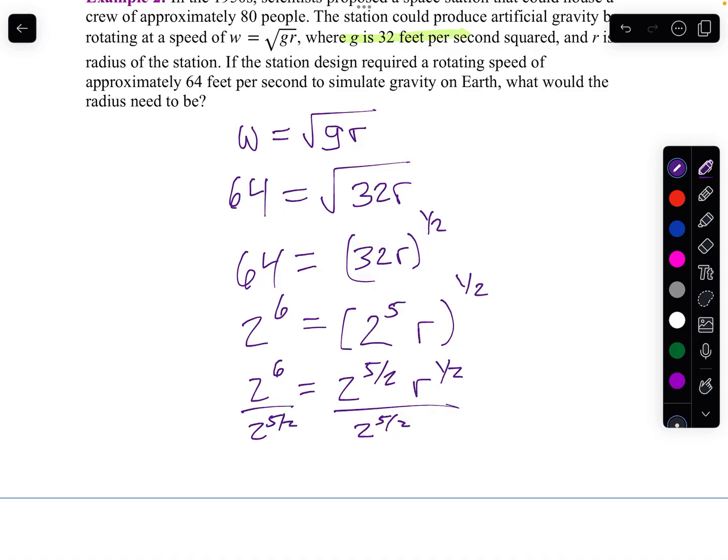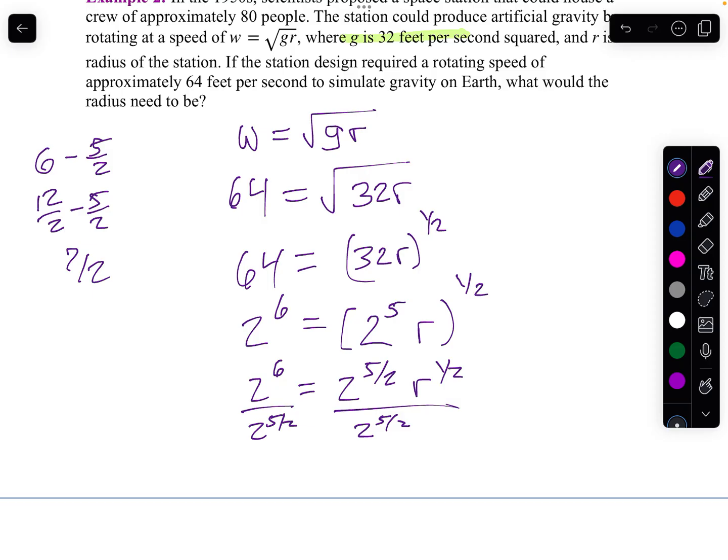So if I take 6 minus 5/2, which was really 6 minus 2.5, but I'm going to write it as a fraction. Let's actually show the work here. 6 minus 5/2 will be 12 over 2 minus 5 over 2, because 6 times 2 is 12. So I get 7/2 power.